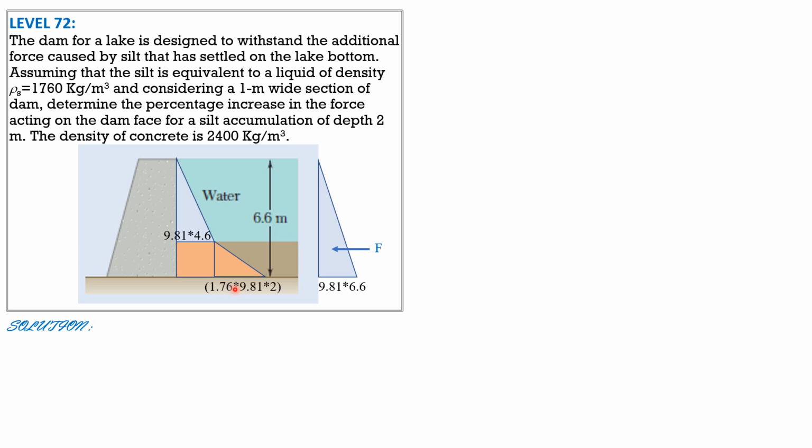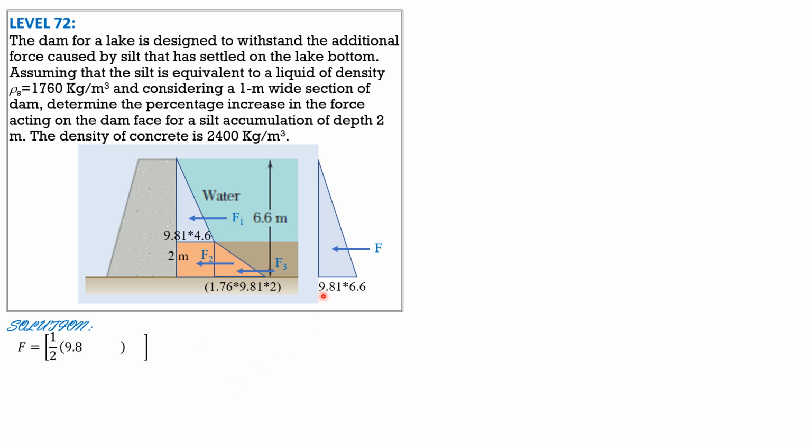So again, this is 1.76 times 9.81 times 2. So we compute the volume of this pressure diagram and add, that's the total horizontal force on the face of the dam when the silt is accumulating at a thickness of 2 meters. So call that F1, F2, then for this triangular pressure diagram, F3. So remember, that's 2 meters, so F3.